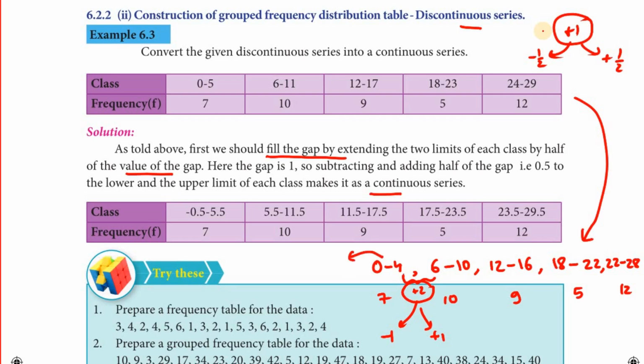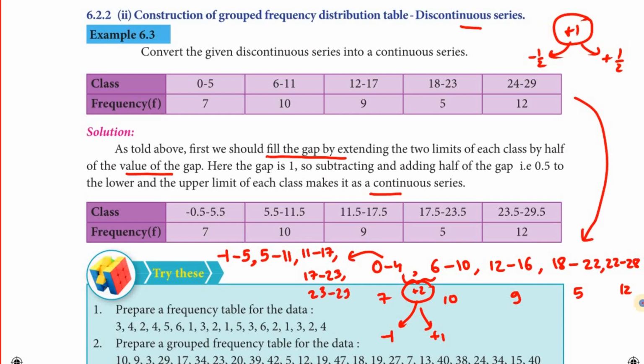So they will become 0 minus 1 and 4 plus 1: minus 1 to 5, next 6 minus 1 is 5 to 10 plus 1, 11, next group 11 to 17, next group 17 to 23, next group 24 minus 1, which is 23 to 29.